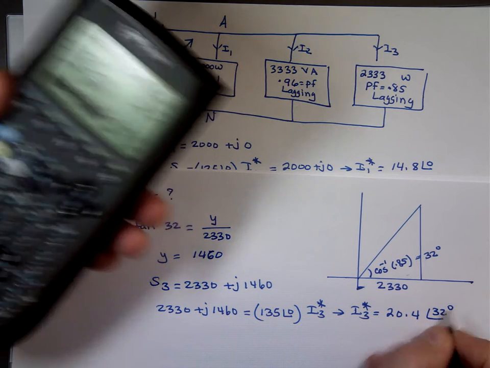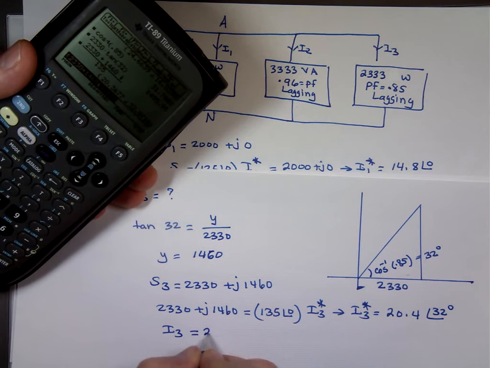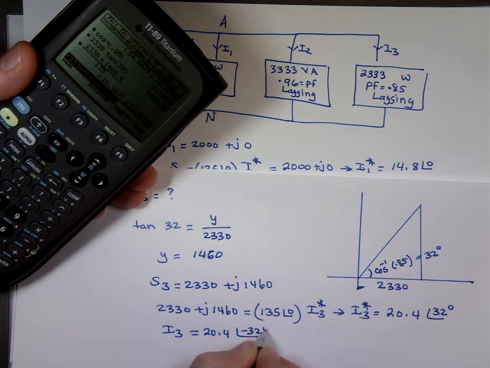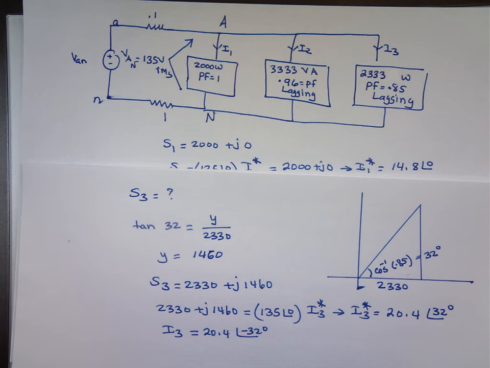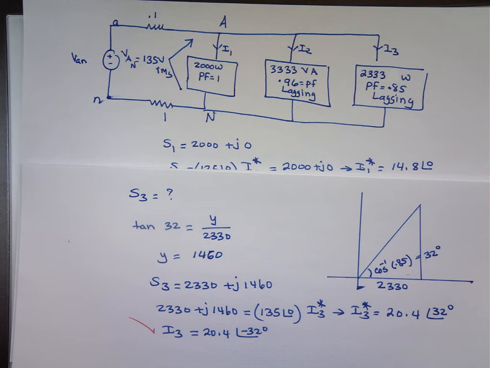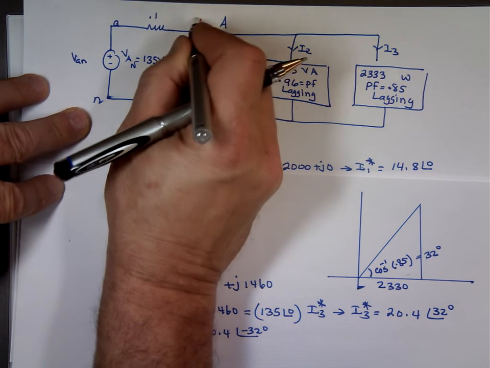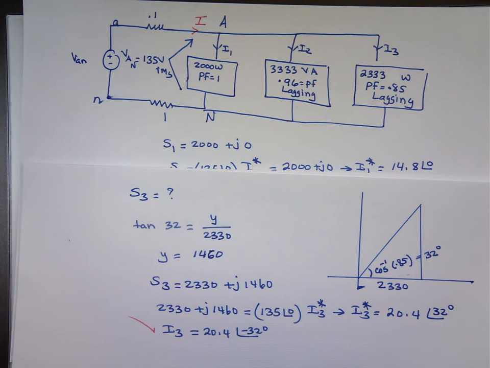So I sub 3 will be 20.4 angle negative 32 degrees. So I know I1, I2, and I3. Can I find what I is going to the load? Which is what? The sum of them?